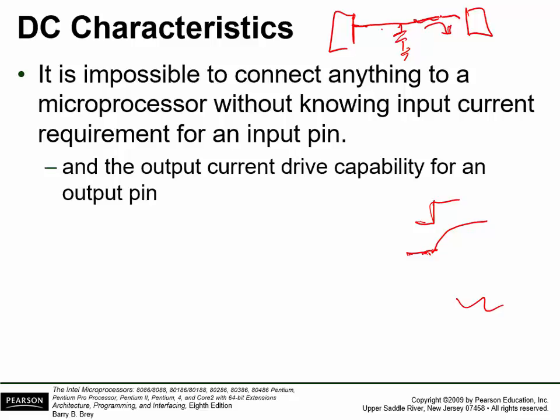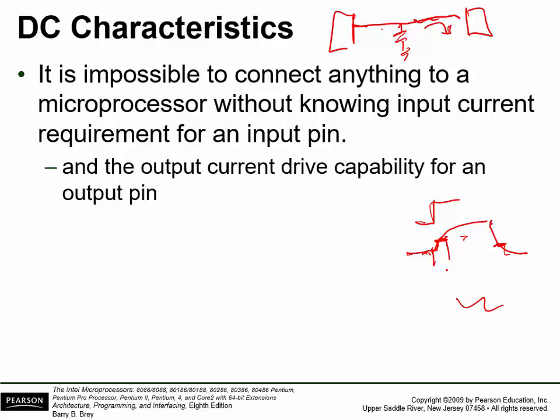That affects the timing, because this is going from low to high, but it doesn't register a high till it reaches this point. When it goes from high to low, it doesn't register a low till it reaches that point right there. So the time from here to here is the amount of time it takes for the signal to propagate onto the next level.